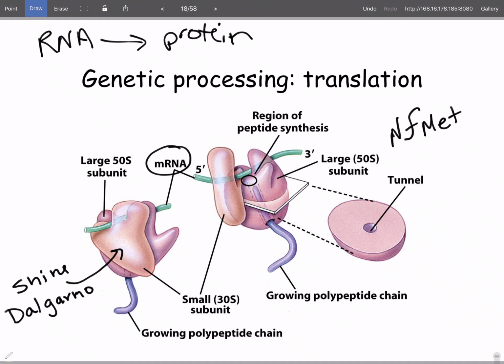And if you guys remember the branch of that tree that I showed you earlier, we had bacteria over here, we had eukaryotes over here, and then there was a branch that came off the eukaryotes that were the archaea. Right?